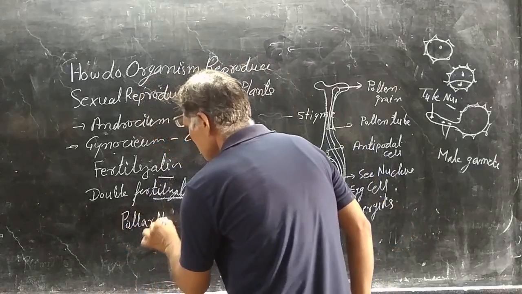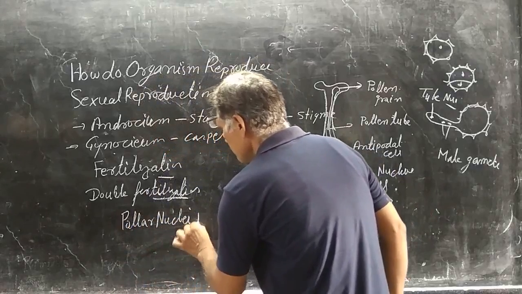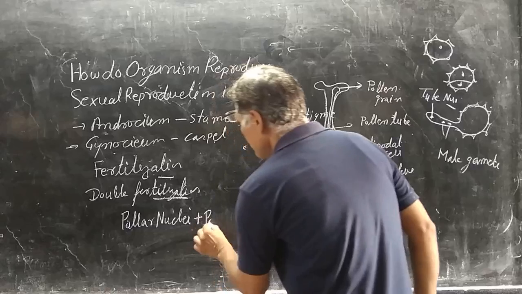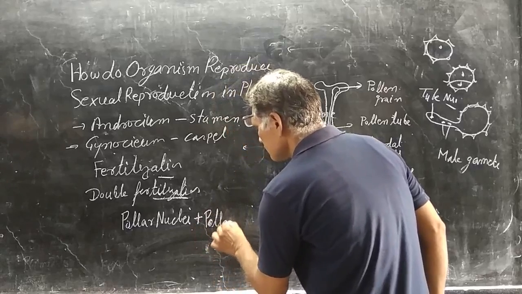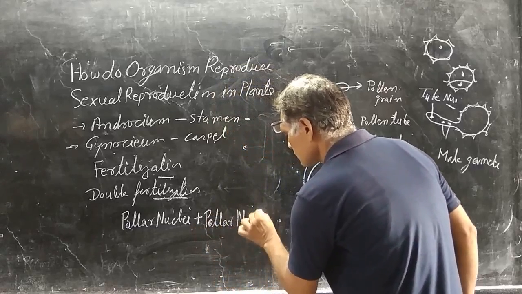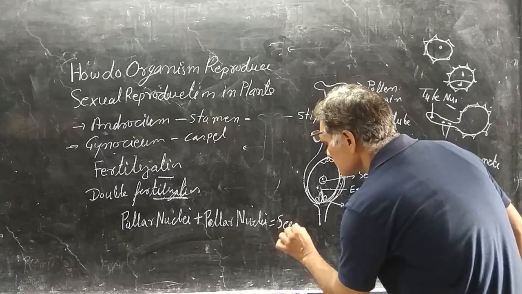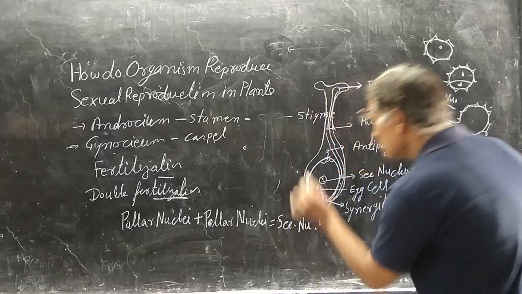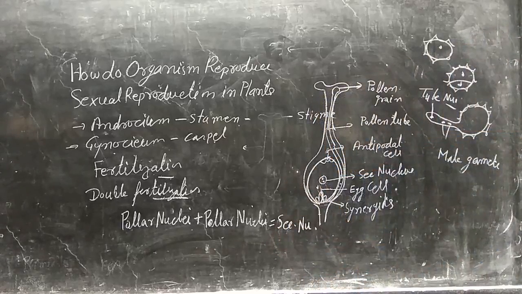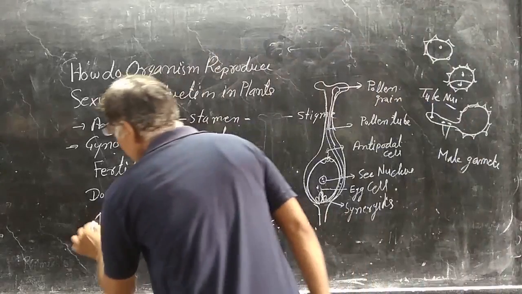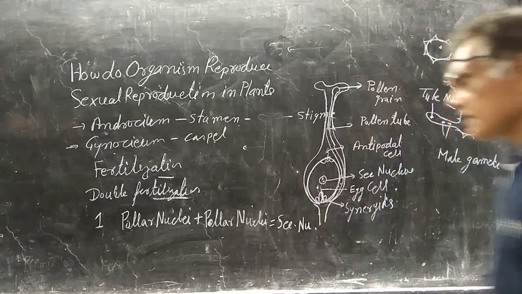One polar nucleus plus another polar nucleus fuse together to form the secondary nucleus. This one is the first fusion, but it is not fertilization.